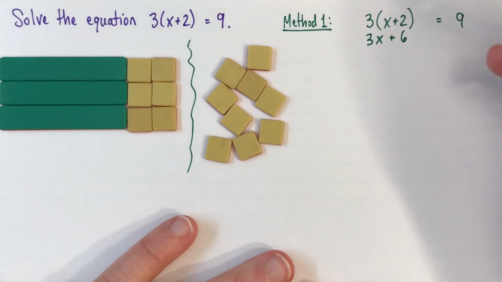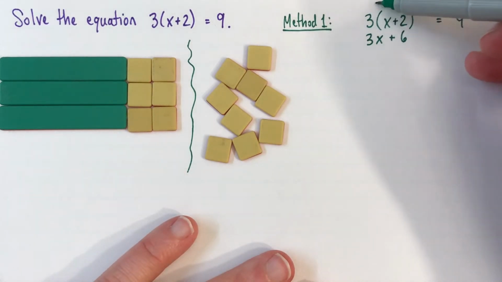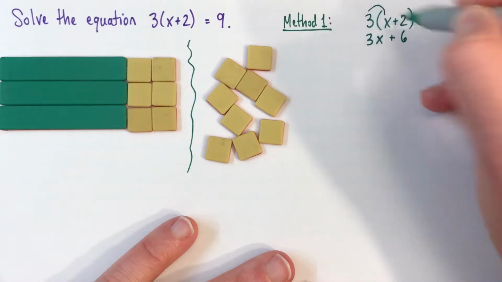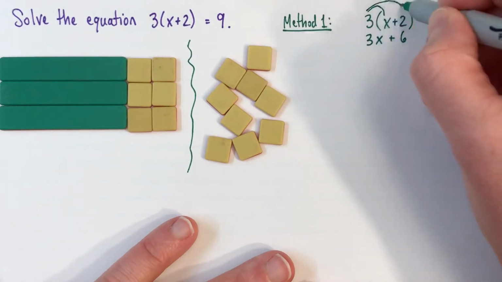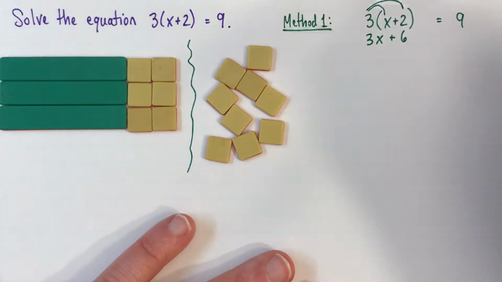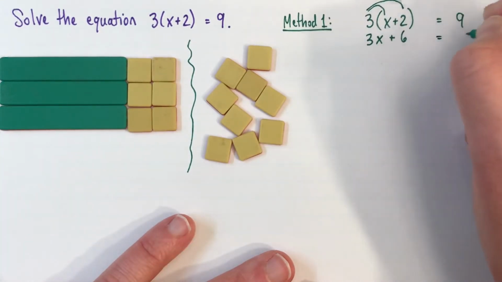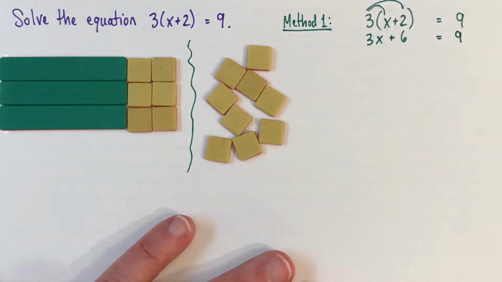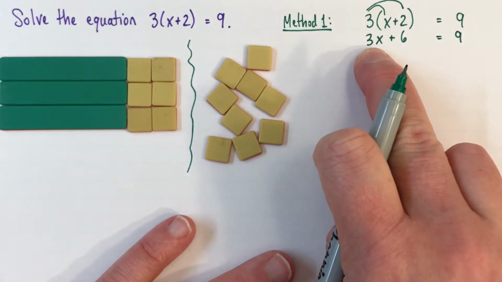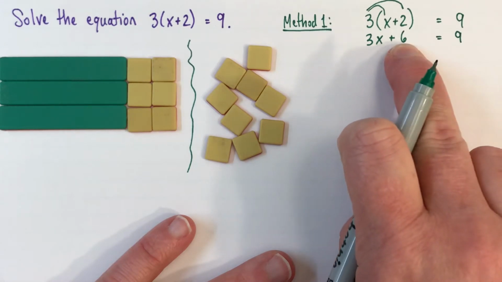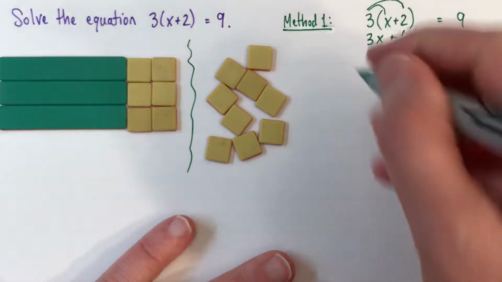If I'm working without the tiles, sometimes I like to just imagine these little curvy lines here. 3 times x is 3x, and 3 times 2 is 6. That helps me not forget any of the terms. So that's equal to 9. Now I want to know what the value of x is that makes this true. Maybe the first thing I'll do is subtract 6 from both sides.